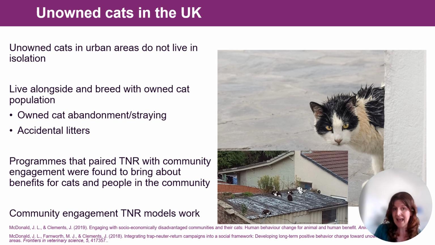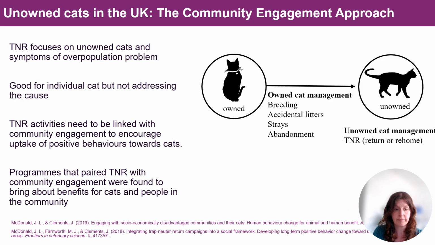Consequently, programs that pair trap, neuter, return with community engagement are found to bring about benefits for cats and people in the community. So why are these community engagement programs more effective? Well, in terms of population management in urban areas, trap, neuter, return and trap, neuter, rehome can sometimes treat the symptoms of the overpopulation problem, but not necessarily the cause if cats are still moving from the owned cat group to the unowned cat population.